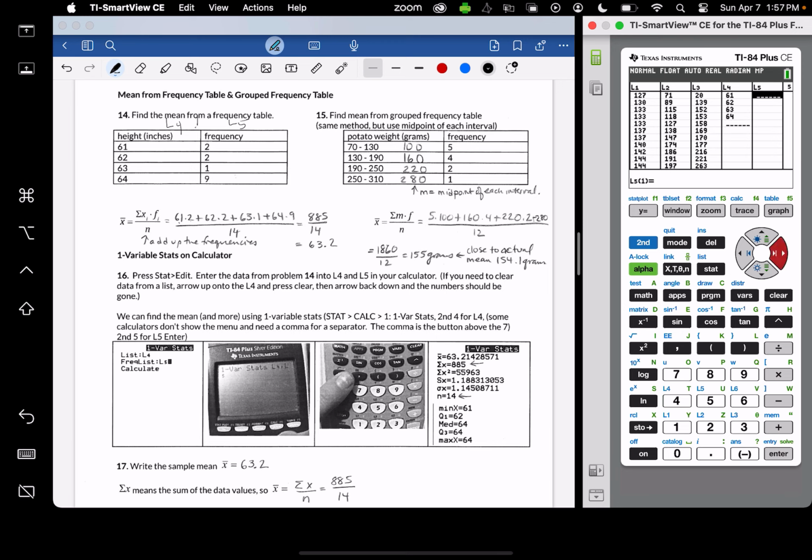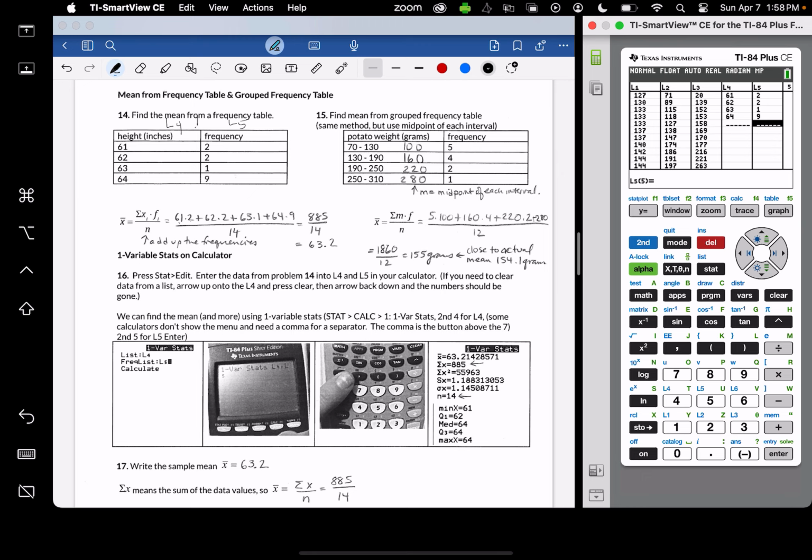And then I arrow over 2, 2, 1, 9. And by the way, if you accidentally put in too much data, you can arrow up and press delete. The two lists should be the same length.